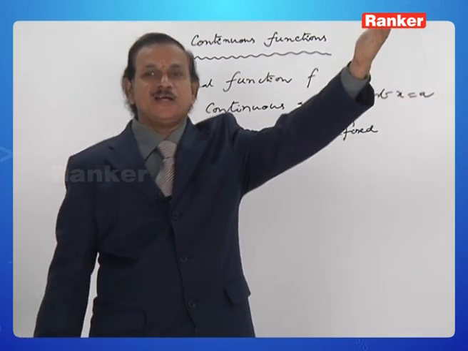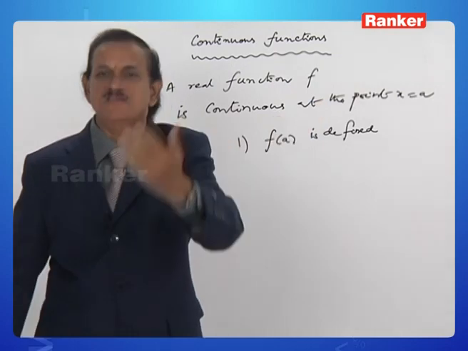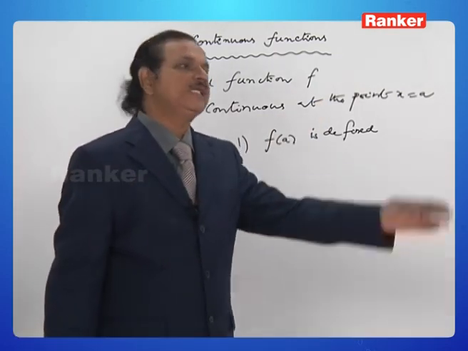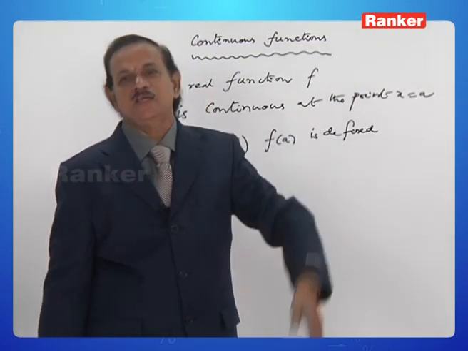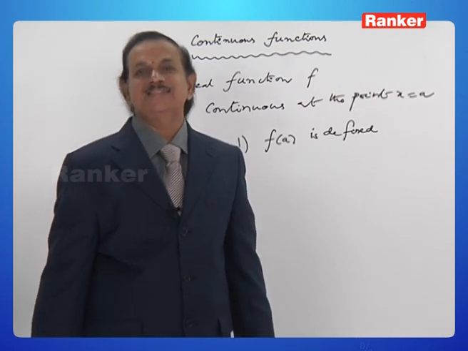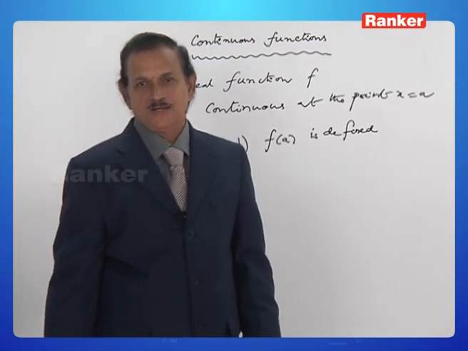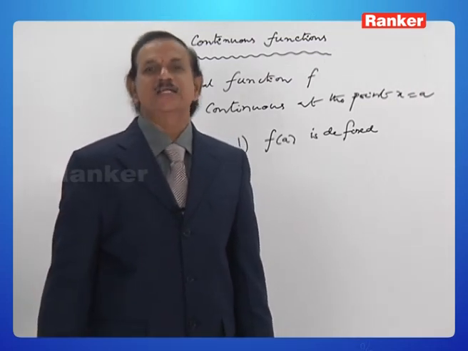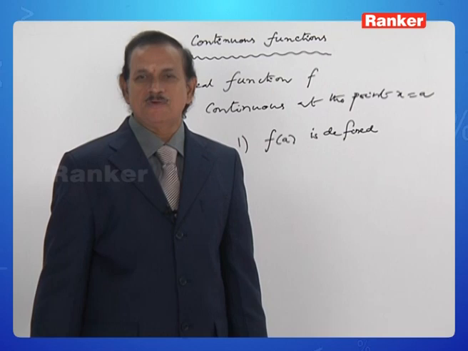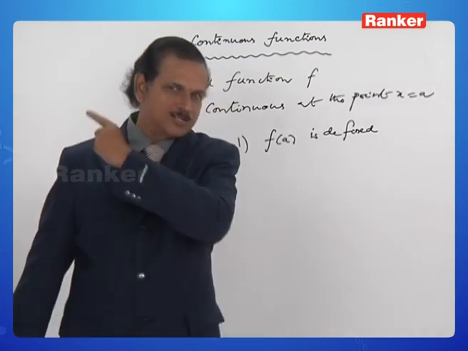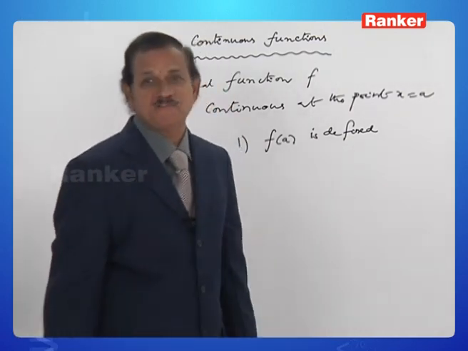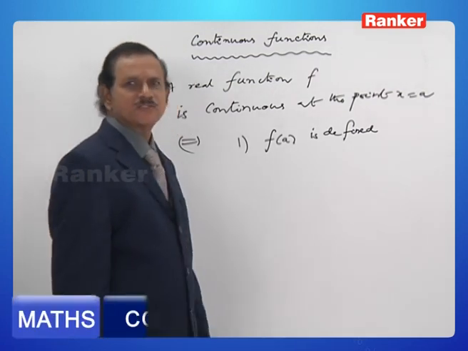Is our journey continuous at this point? Foolish question. Our journey is being done on the highway. If at all we discuss any continuity, it must be done on the highway only. So, in order to discuss the continuity at a point, the point must belong to the domain. That is, f of a must be defined. That is the meaning of the first condition.